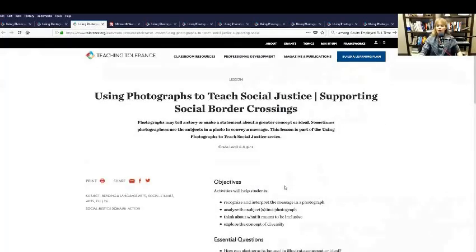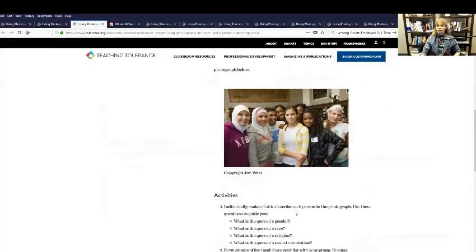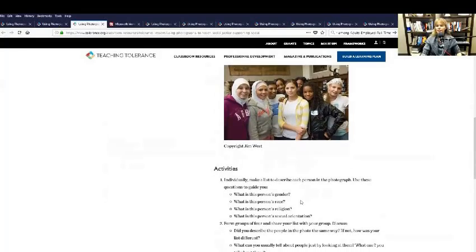This talks about supporting social border crossings. So how can photographs be used to illustrate a concept or detail? And how can the subject of a photograph help reveal the photographer's point of view on the topic? So there's another picture here that people get to look at. And they're asked to individually describe each person in the photograph using the questions to guide them.